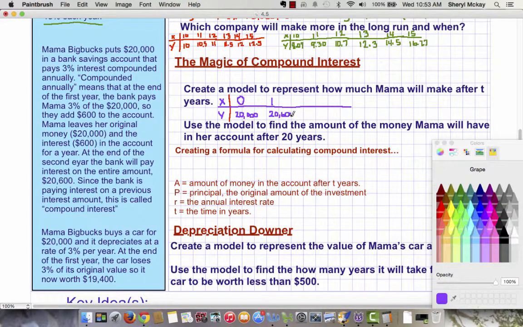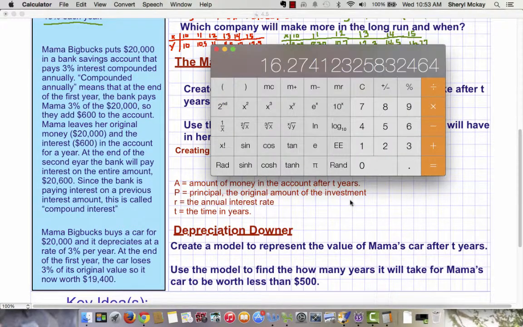In year 2, she's going to have 15% of 20,600 added to the 20,600. So what's not 15%? 3%. I'm getting all confused with the previous one. 3% of 20,600. What is that? Well, let's try it out. 20,600 times 3% is equal to 618.